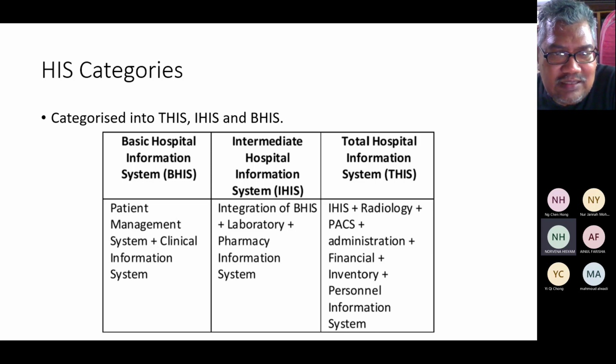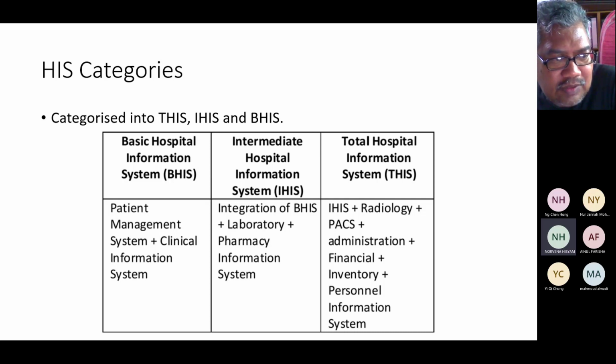Because they say in USA, because every single facility is owned by different person, different entity, they cannot have one single information system. And so they claim, because in Malaysia, everything in the hospital of Selayang is under the same management. What they have is the full implementation of THIS.